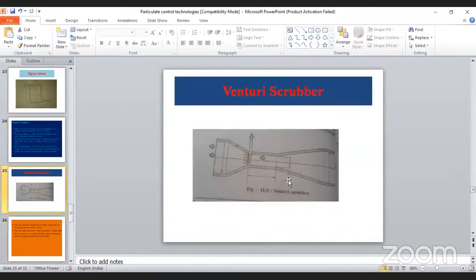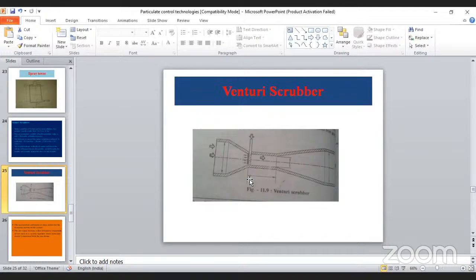We open the diagram. The inlet is there. Please look at the inlet at the left side, where the speed is maintained at 60 to 120 meter per second. The mouth of the inlet is a little wider and it narrows down to a much smaller duct cross section area.